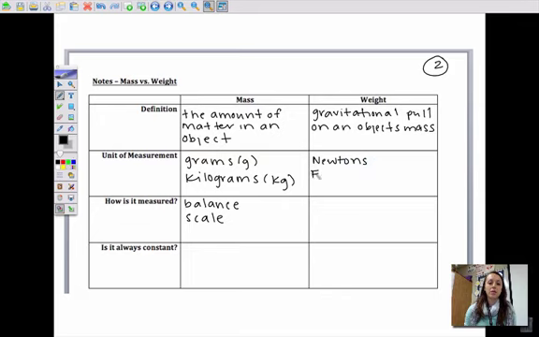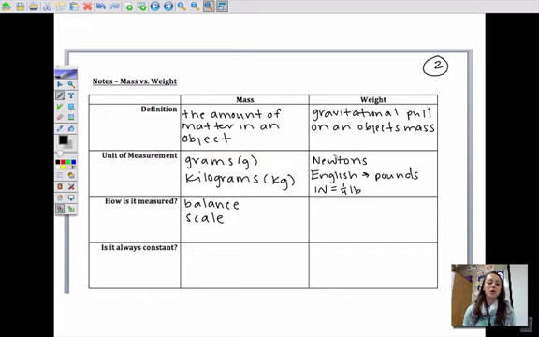Now in the English system, we say pounds. And there's actually a conversion factor between pounds and newtons. 1 newton is equal to a quarter pound. So maybe one day you could go to McDonald's and order a Newton burger instead of a quarter pounder. And if you do that, you should take video so I can see it.